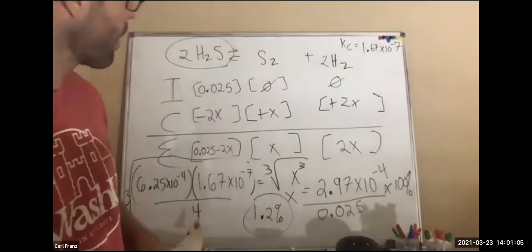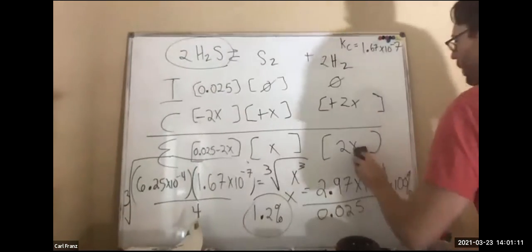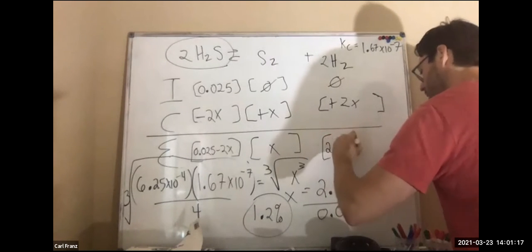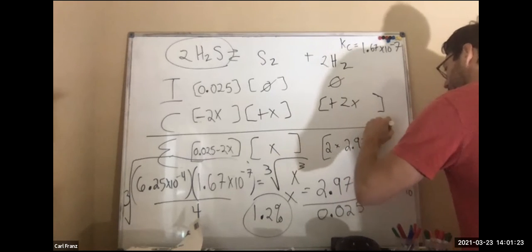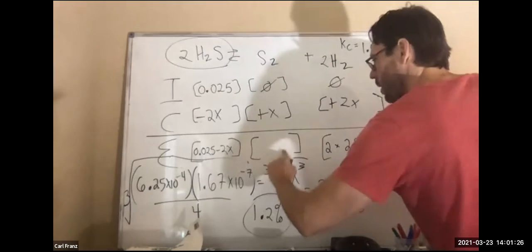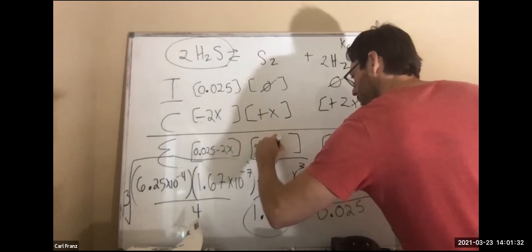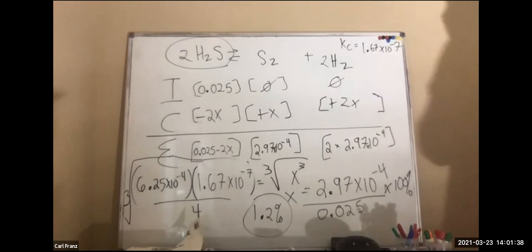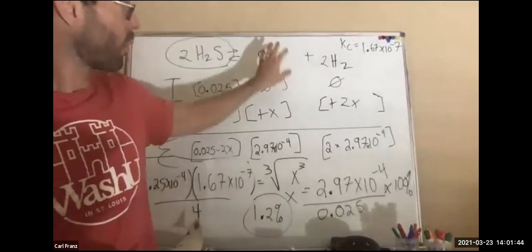Yeah, it's for H2 and S2. So H2 is going to be 2 times 2.97 times 10 to the negative 4, and S2 is just going to be 2.97 times 10 to the negative 4. There we go. Those are our concentrations at equilibrium for sulfur and hydrogen.